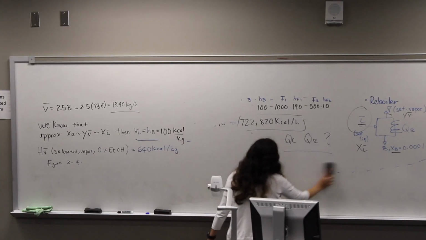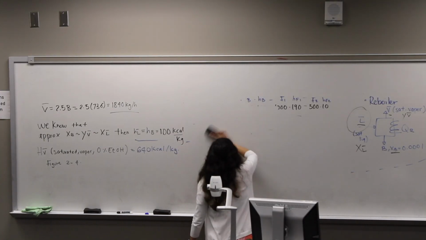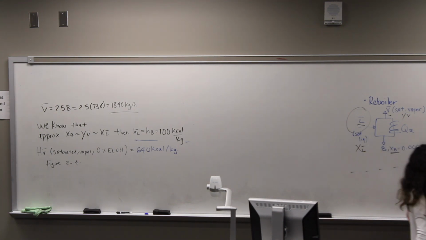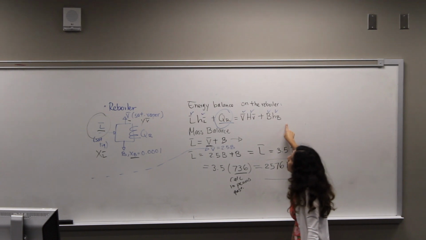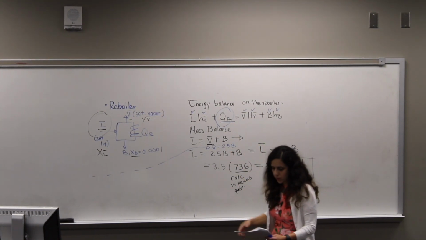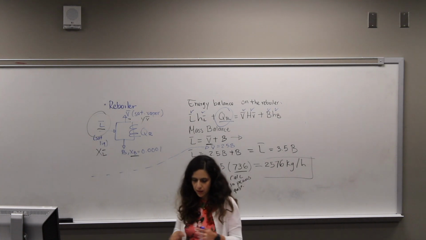Again, this is for the case when we change the boil-up ratio. So from here we have defined everything from the energy balance for the reboiler. So please get QR. Let me know how much you get for this case.